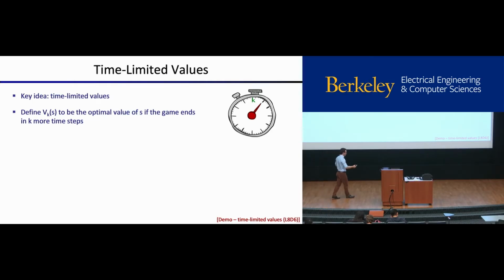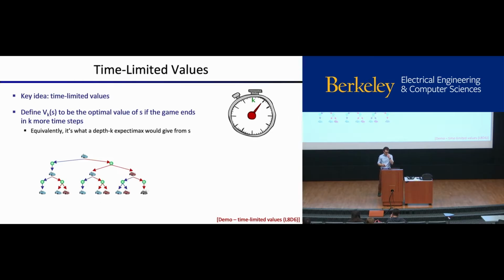Just yank the agent out of the simulation, game's over. We only act for k steps, we act optimally for those k steps, and then the game ends. This is essentially what a depth k expectimax search would give you, and you can think about it whichever way is more helpful to you, but these are equivalent versions.